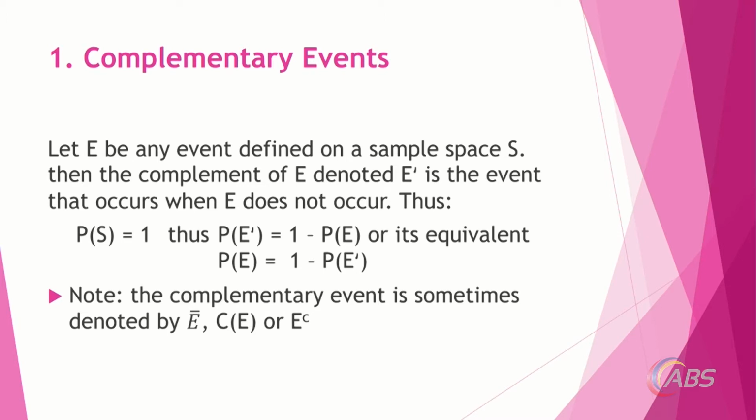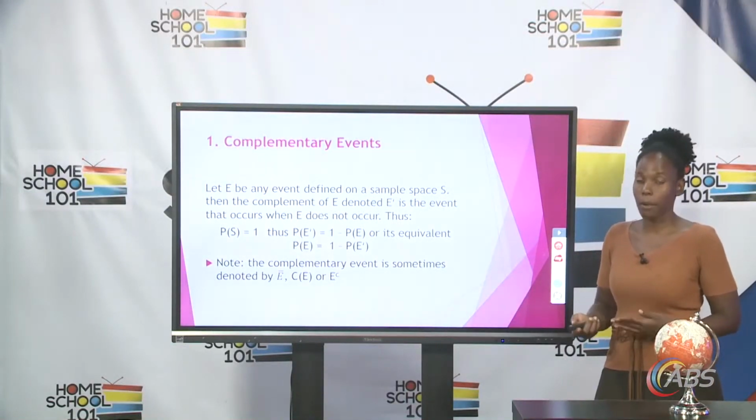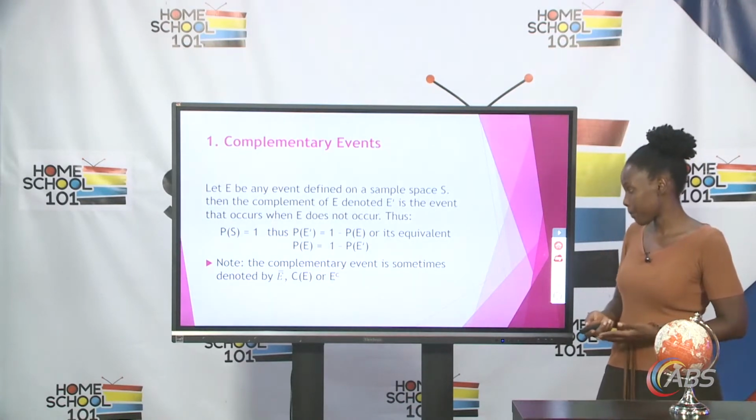Thus, the probability of the complement event occurring is equal to 1 minus the probability of the event occurring, and the probability of the event occurring is equal to 1 minus the probability of the complement. Essentially, whenever we're dealing with probabilities, because probabilities range from 0 to 1, for a given sample space the sum of the probabilities is always equal to 1. Therefore, if we want to find the complement, it is always 1 minus the probability of the event occurring.